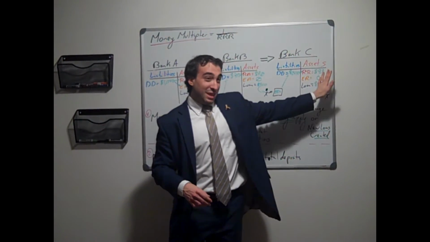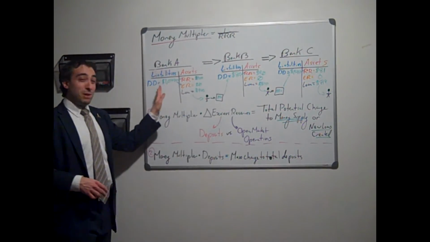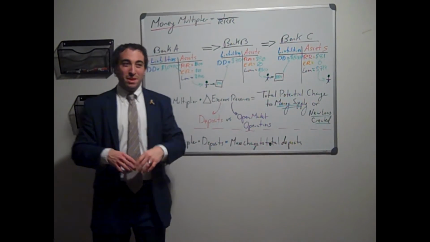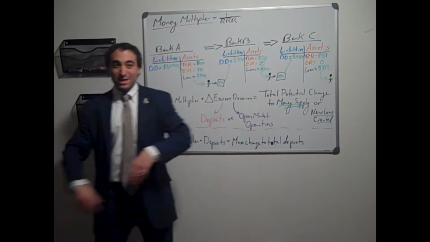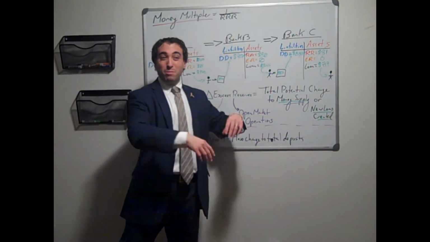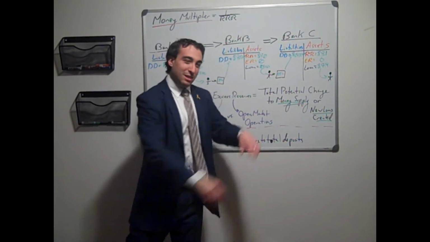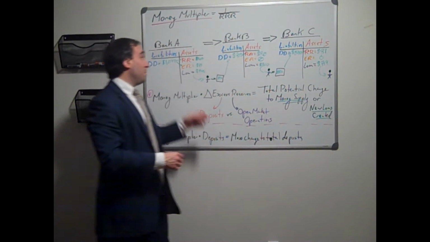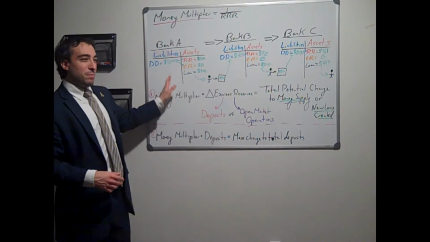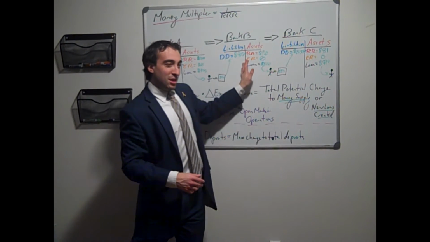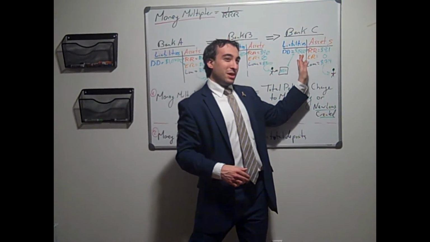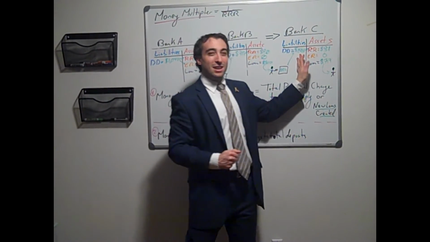Going up to Bank C, that initial $1,000 deposit moved from M1 cash into M1 checking, so it's still the same M1, but that $1,000 became $1,900, and then $2,710.